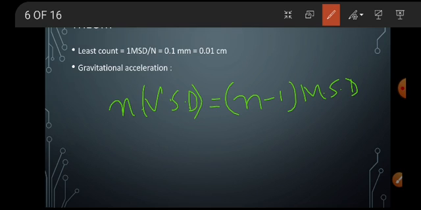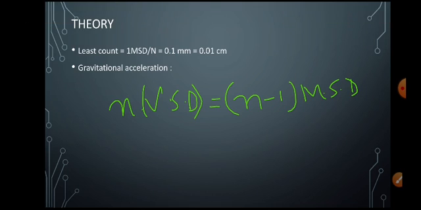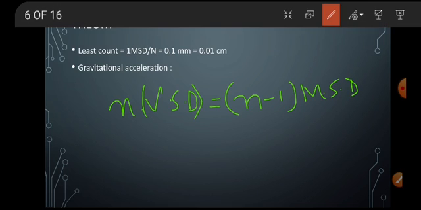This value is called the least count. The least count can be defined as the minimum distance you are able to find out using any device.